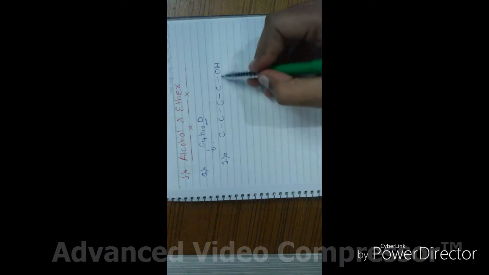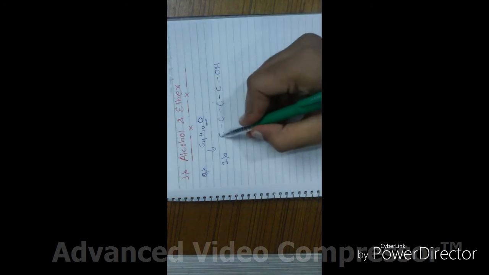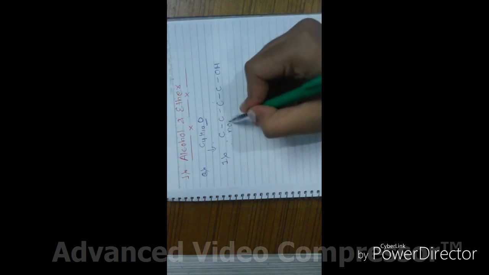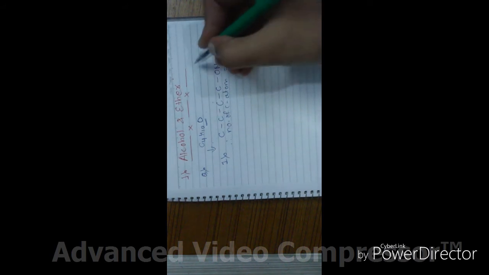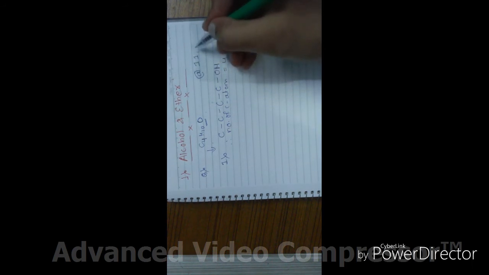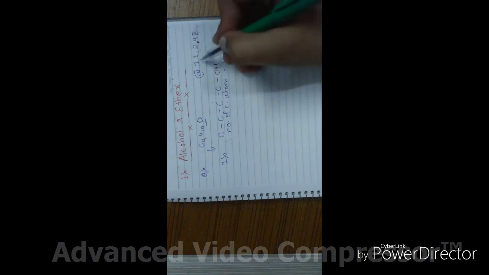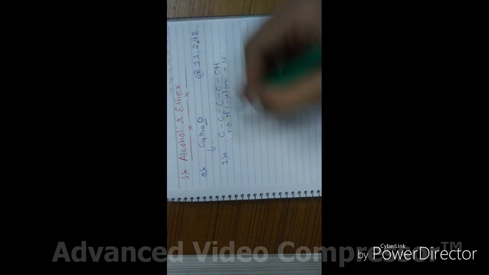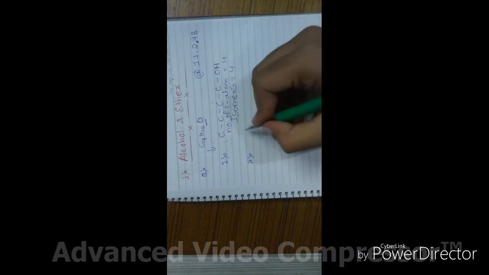We do not have to keep the hydrogen atom. We only need the number of carbon atoms. So number of carbon atoms equal 4, and we have to remember that formula, 1 1 2 4 8. So number of carbon atoms 4. For 1, 2, 3, 4 carbon atoms, 4 isomers are present. Isomers equal 4. And write down in the ether form.